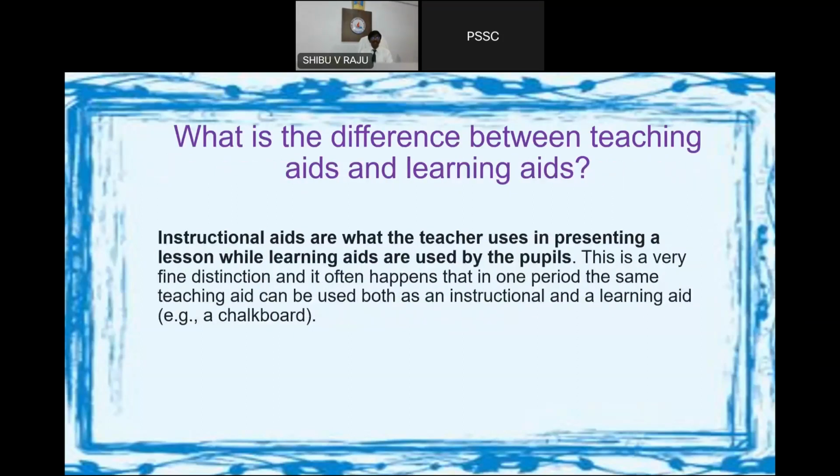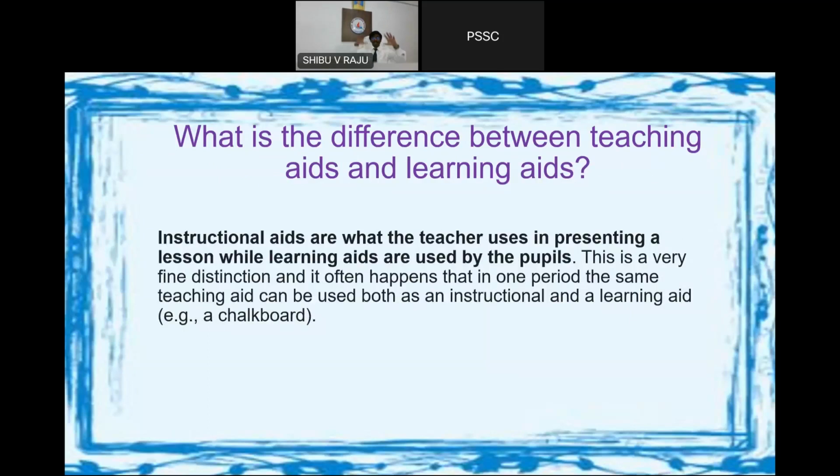Instructional aids are what the teachers use in presenting a lesson, while learning aids are used by the pupils. This is a very fine distinction, and it often happens that in one period the same teaching aid can be used both as an instructional and a learning aid.